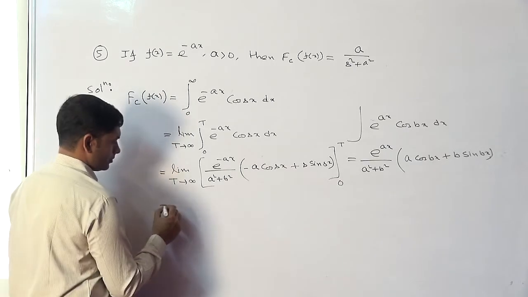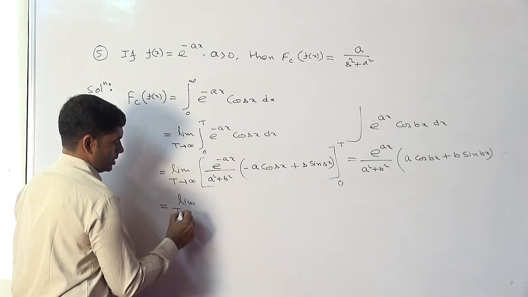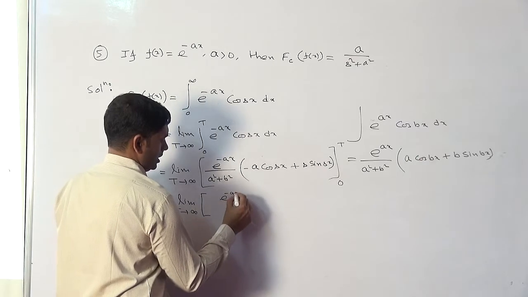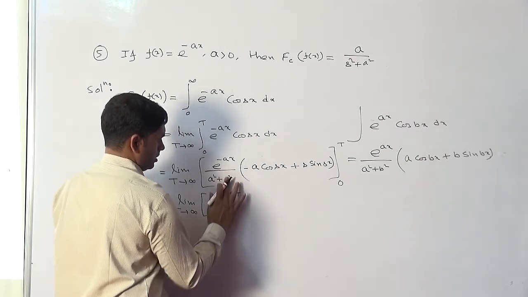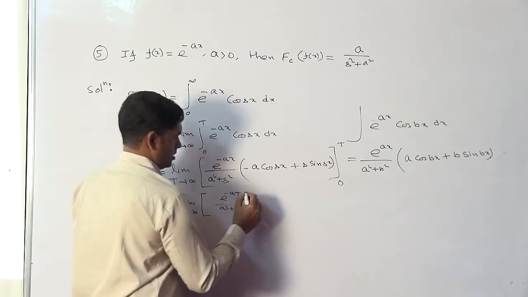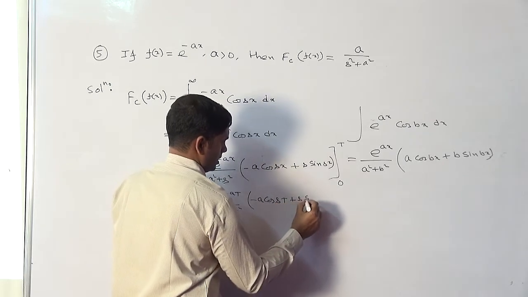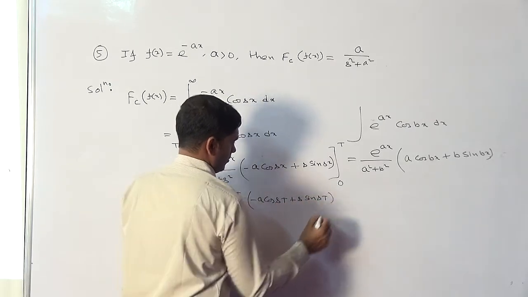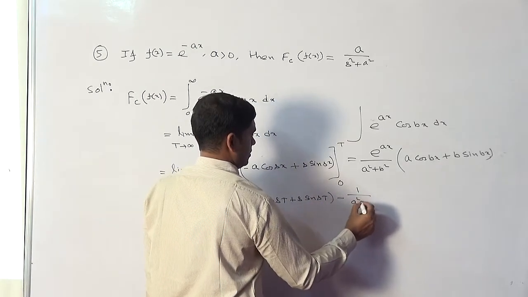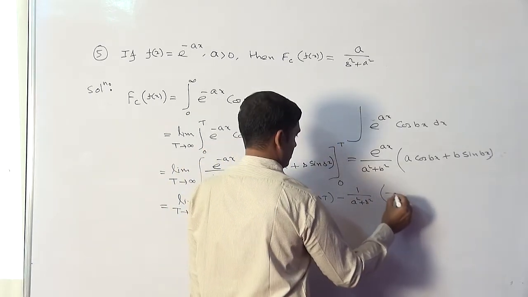Now for x equal to t, e to the power minus at over (a squared plus s squared) times (minus a cos st plus s sin st). Now for 0 it is 1 over (a squared plus s squared) times minus a.